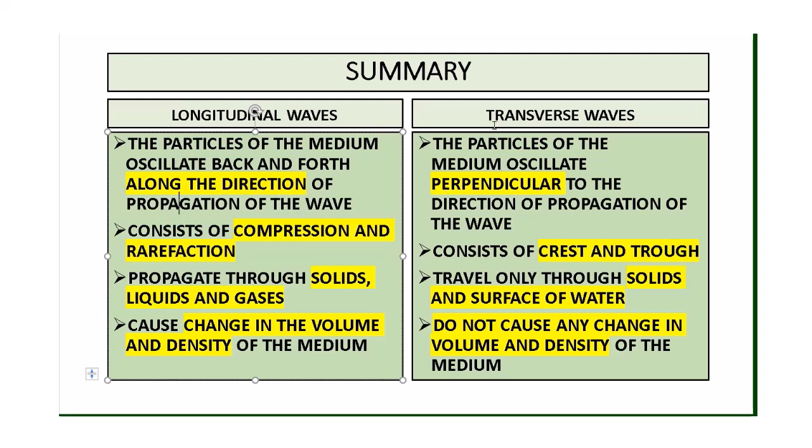While in a transverse wave, the particles oscillate perpendicular to the direction of propagation of the waves. Longitudinal waves consist of compressions and rarefactions, while transverse wave consists of crest and trough.